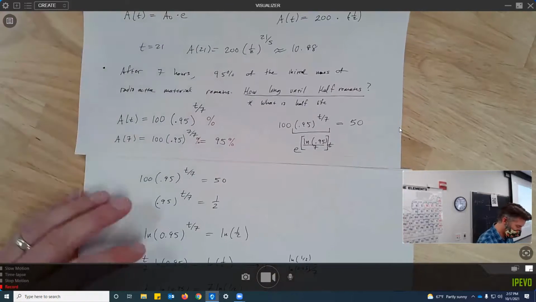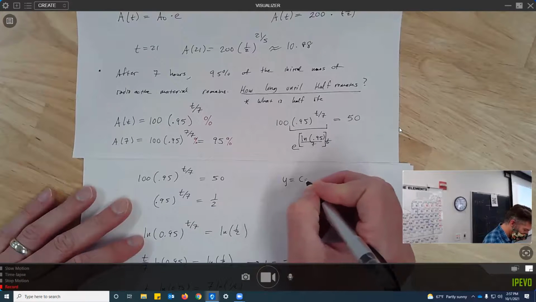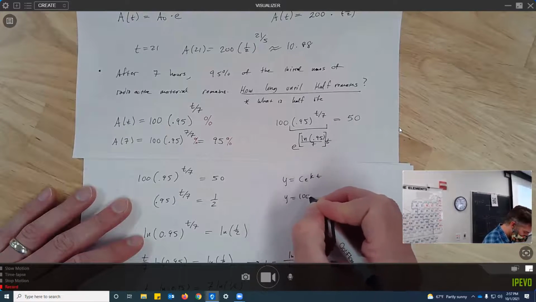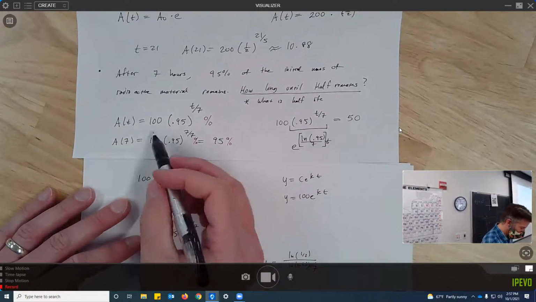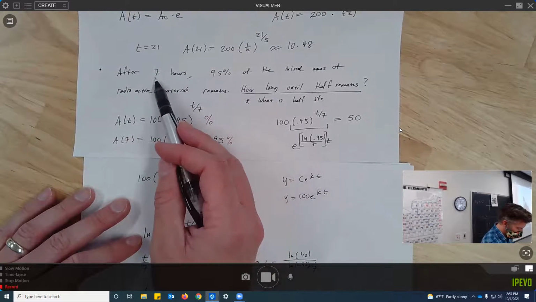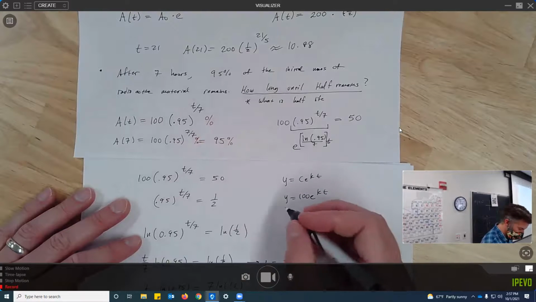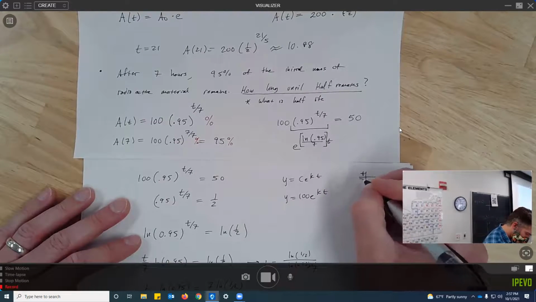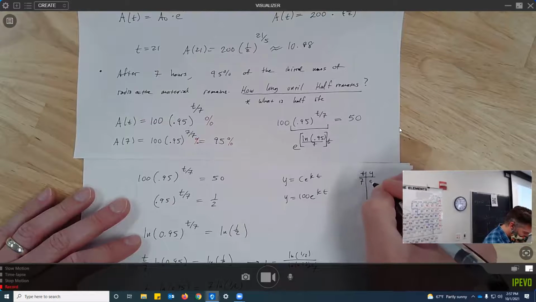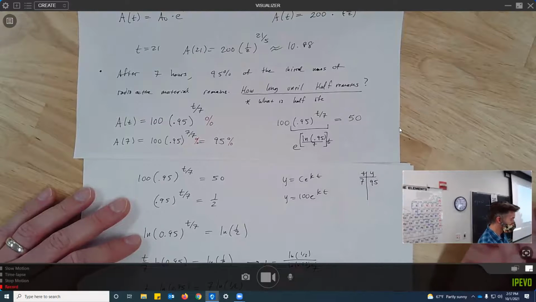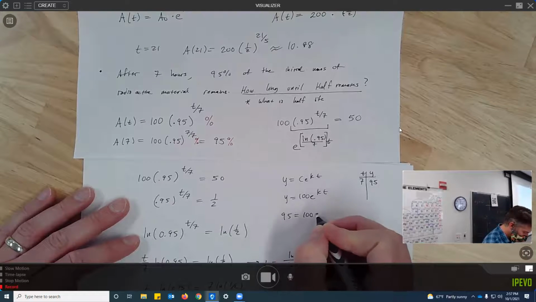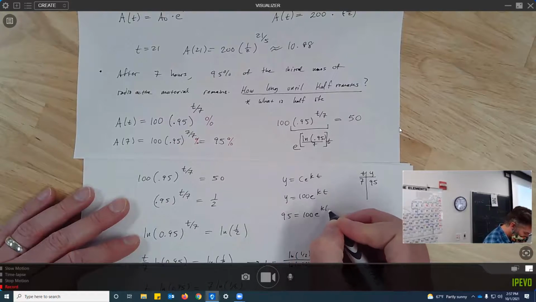If I was doing it the other way, y equals c e to the kt, I would start with 100. And then the other data point is 7 hours later, I have 95% of what I started with. So when t equals 7, the amount of stuff I'm going to have is going to be 95, because it's 95% of the 100 I started with. So then you get 95 equal to 100 e to the k times 7.